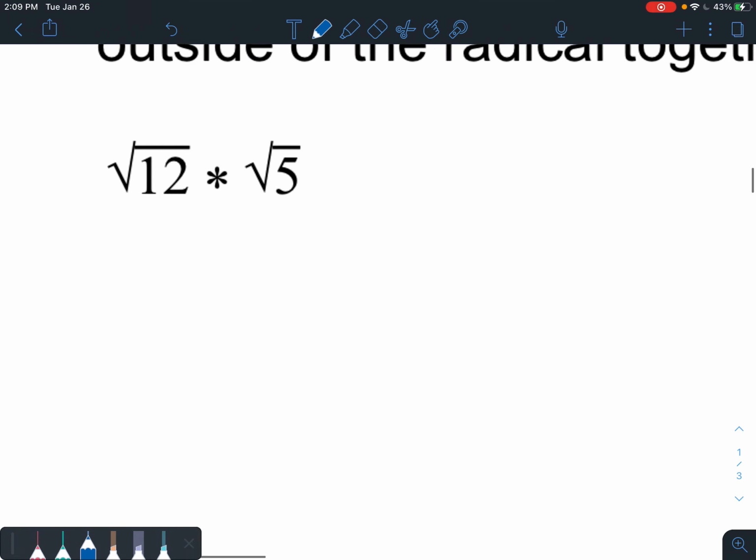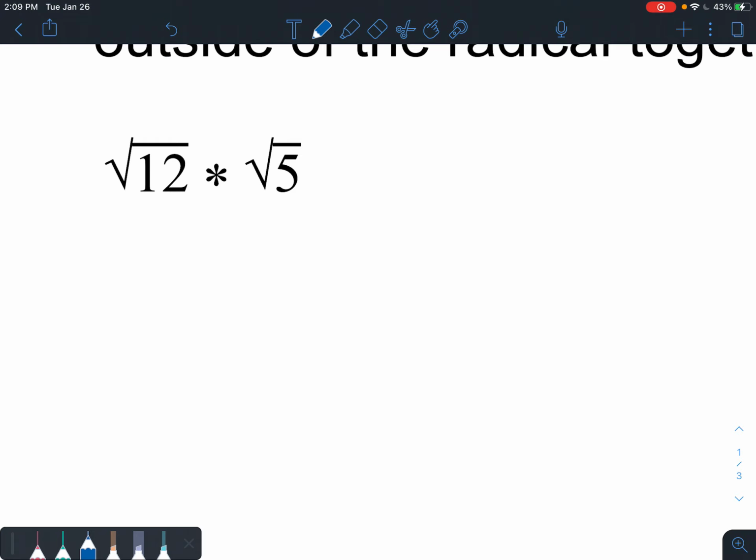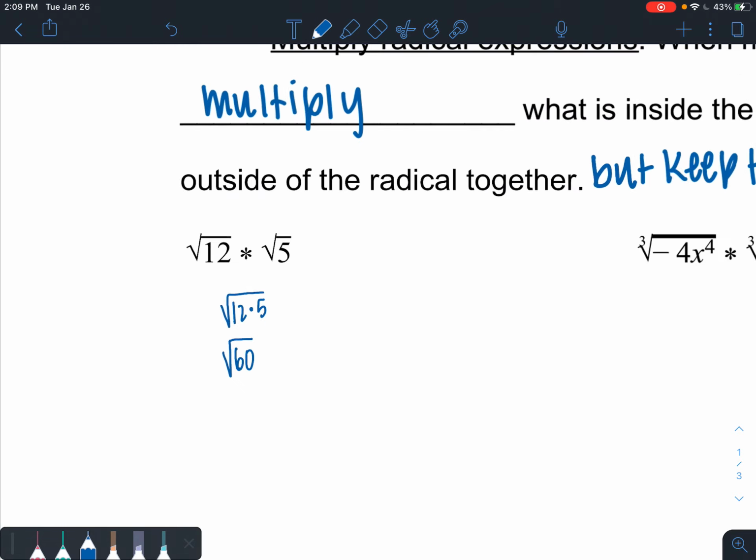Okay, so here I have my first example. I have an index of 2 right here because it's an invisible 2. And so I'm going to keep my index the same, but I'm going to do 12 times 5 under here. So 12 times 5 is 60, so I get the square root of 60.